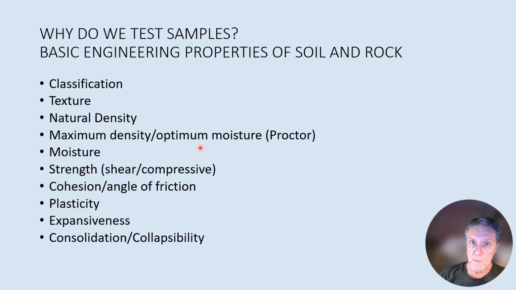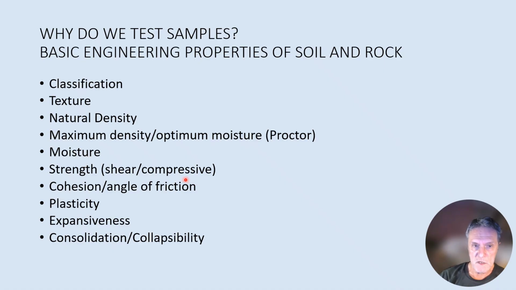You want to bring it to that maximum density to determine whether it attains maximum density at 12% moisture or at 15% moisture. That's why you run these Proctor tests, and the first slide I showed you with pounding the soil in that steel cylinder. You want to, of course, determine its natural moisture.